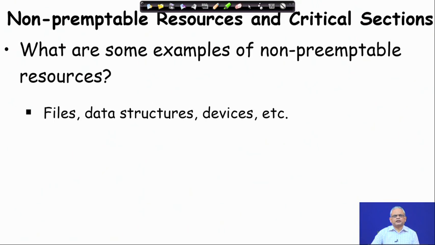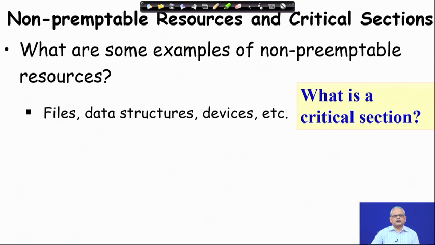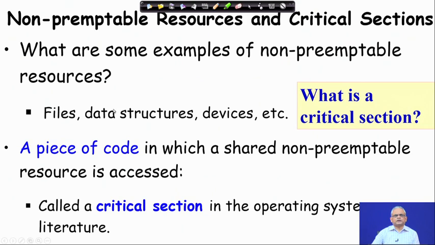Now, the next question that we would like to ask is: what are critical sections? We know what is a non-preemptable resource and what are some examples of non-preemptable resources, but then what is a critical section? Again, it is based on what is discussed in a first level operating system course. If you look back to your books, you will find a critical section is a piece of code.